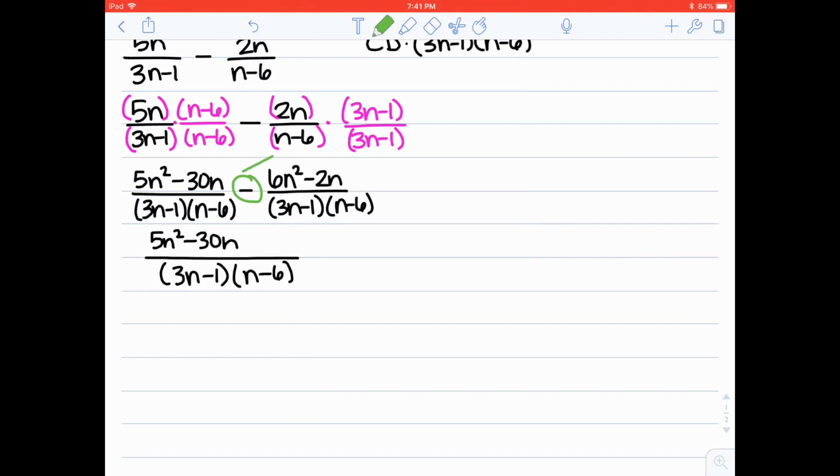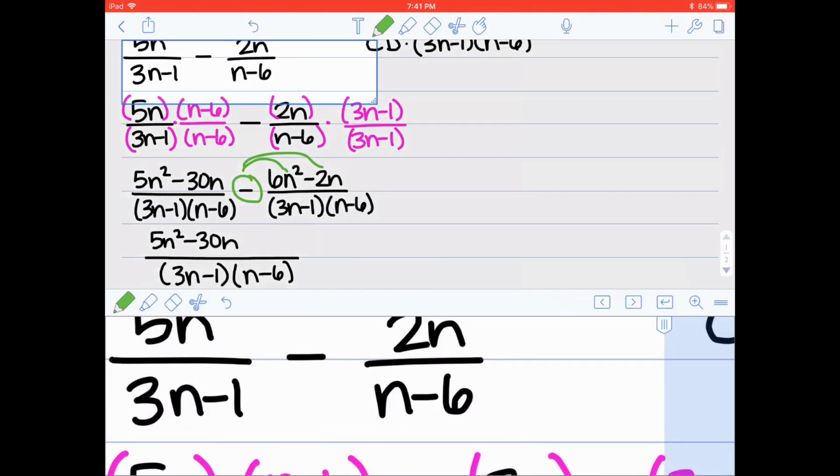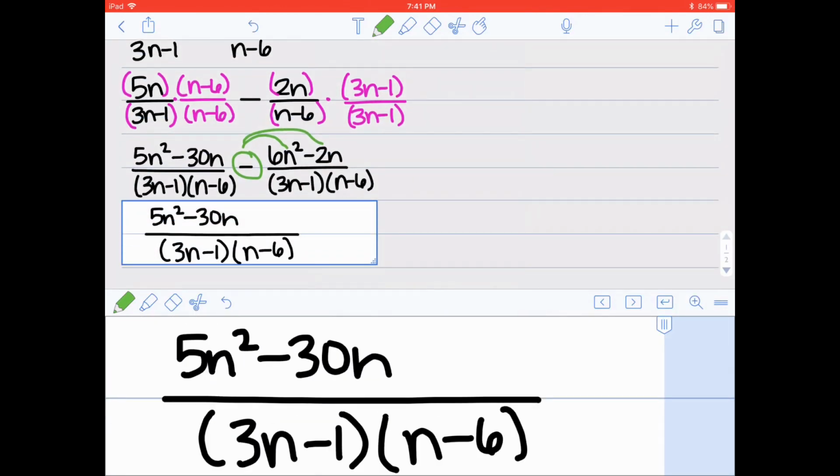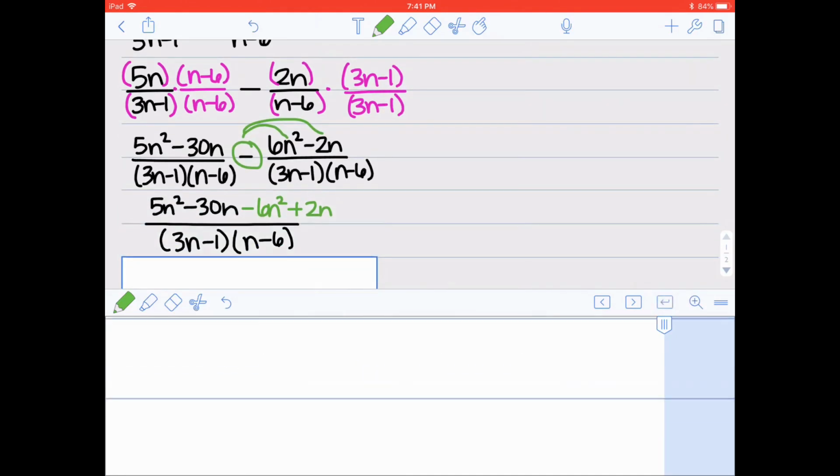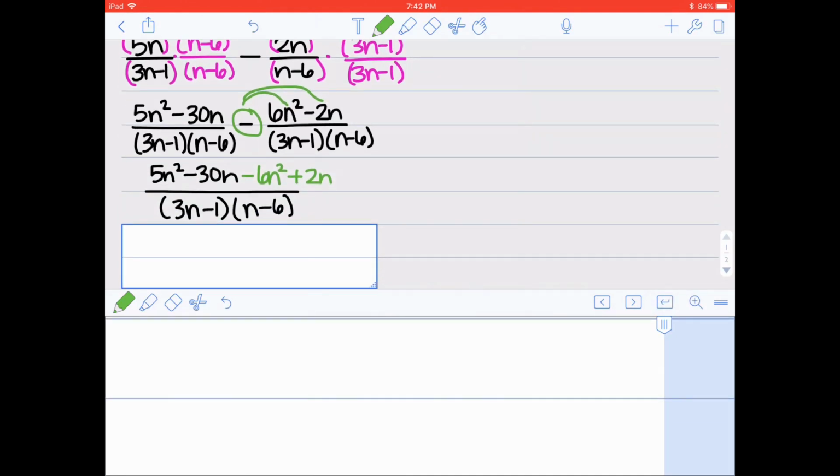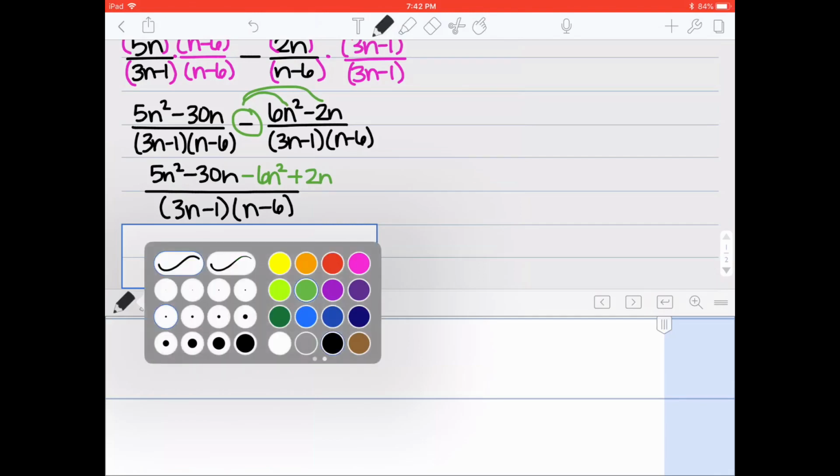So here I'm going to say minus 6n squared, and then minus negative 2n would be plus 2n. I still have that denominator on the bottom. I don't need to mess with that at all.